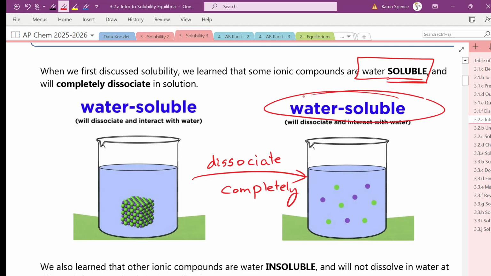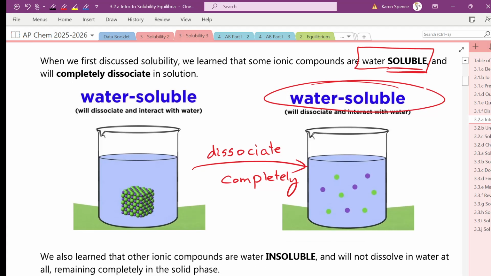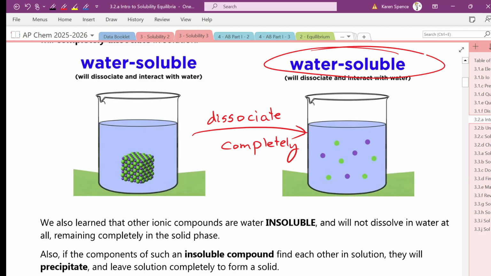Okay, and that is water soluble. We also learned that other ionic compounds were insoluble, which means they do not dissolve in water.